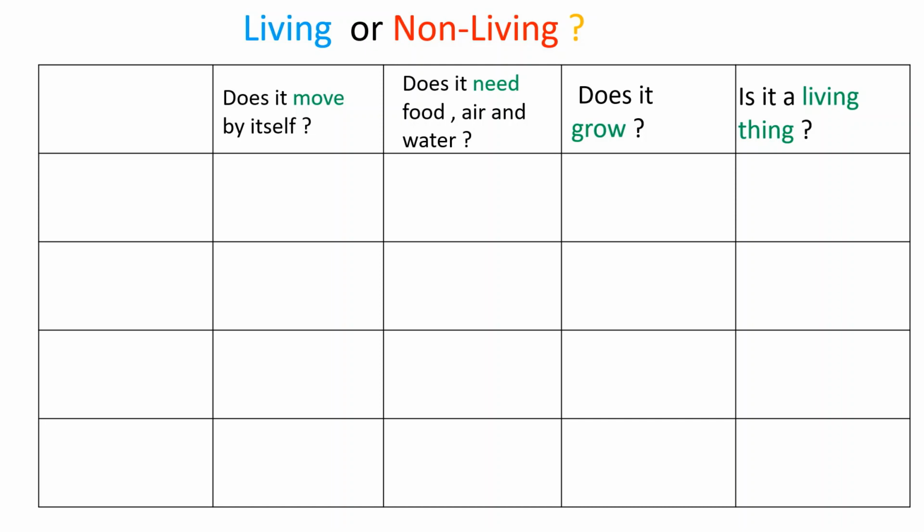I will show you an example. The first thing is book. Now let's start answering the questions. Does it move by itself? Can book move by itself? No. Very good. Does it need food, air and water?